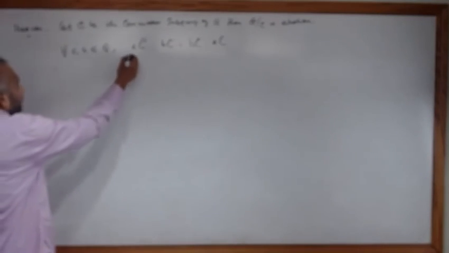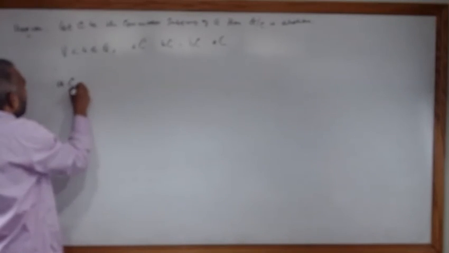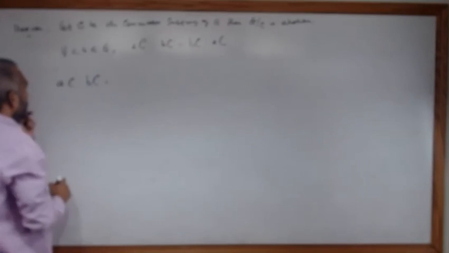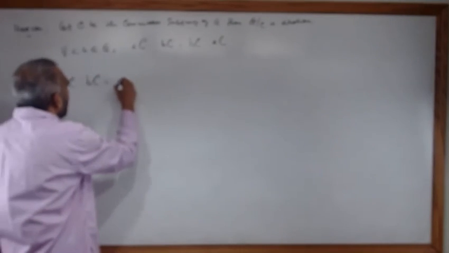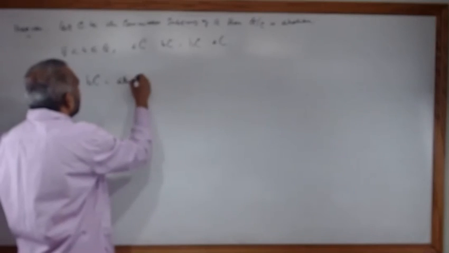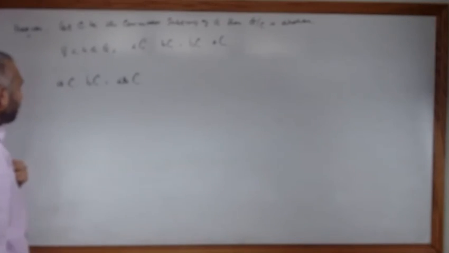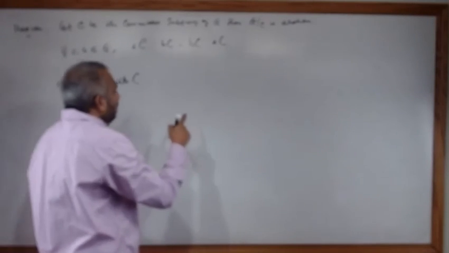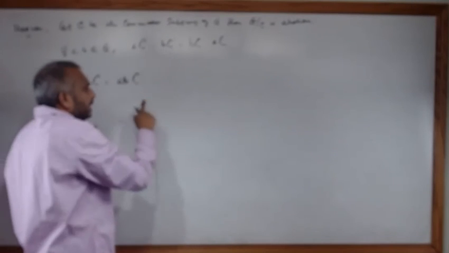So we'll start with this. AC times BC is equal to AB times C. So here what we do is, see what is in C?